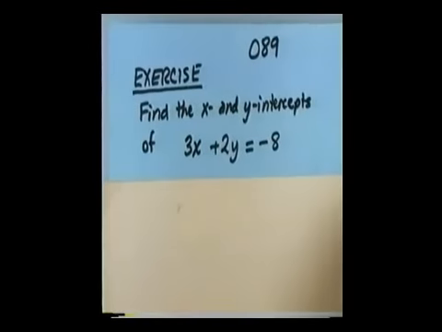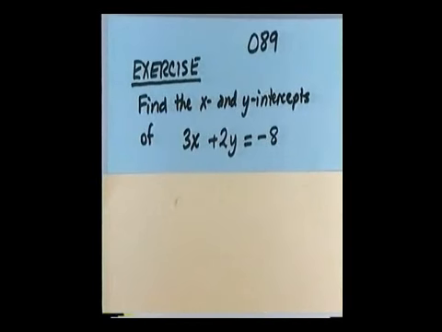Now let me give you an exercise to do. This says, find the x and y intercepts of 3x plus 2y equals negative 8. Once you have the problem copied, stop the tape, work the problem, then turn the tape back on and check your answers.